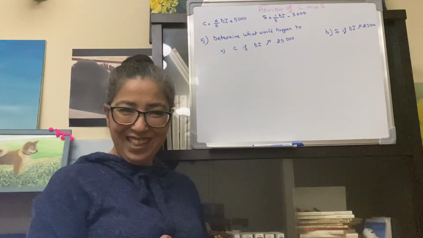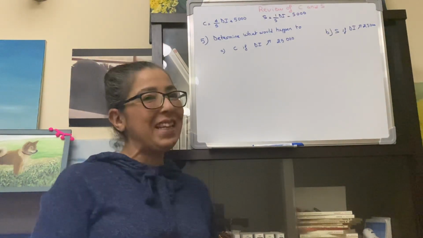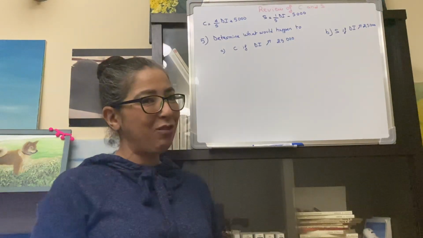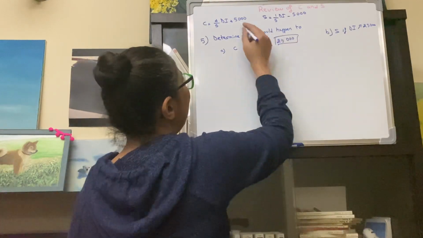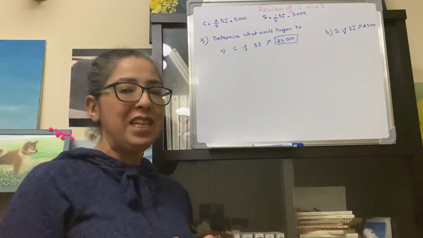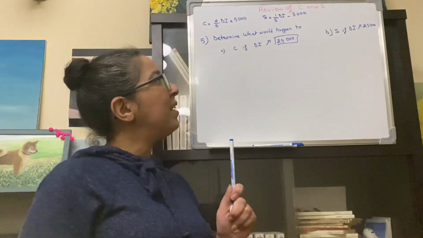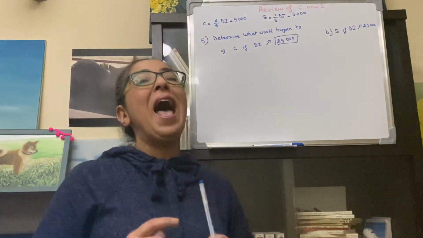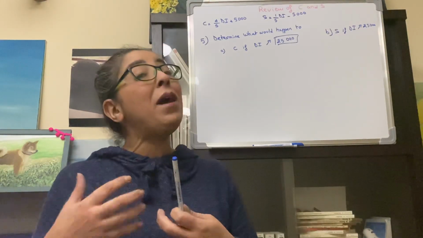I'm hesitant here, okay? The huge mistake that I've seen before in the classroom is that you replace the DI in the C and give me the C. I'm not asking for the consumption. I'm asking about what would happen to the consumption. Meaning, is it going to increase and by how much?